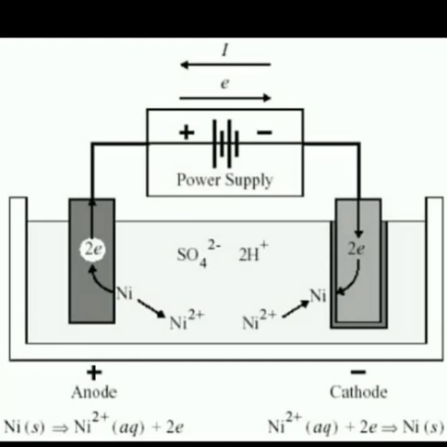At the cathode is the article to be electroplated, and the anode is the block of pure nickel metal. At the cathode, nickel gains electrons and forms nickel metal. That means nickel ions are discharged at the cathode as neutral nickel atoms by gain of electrons.